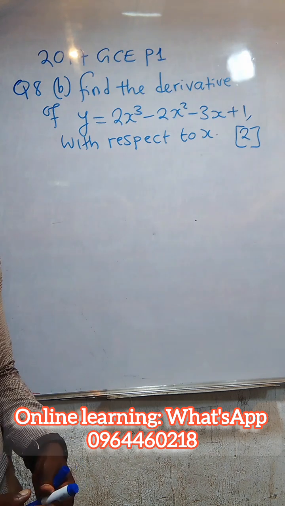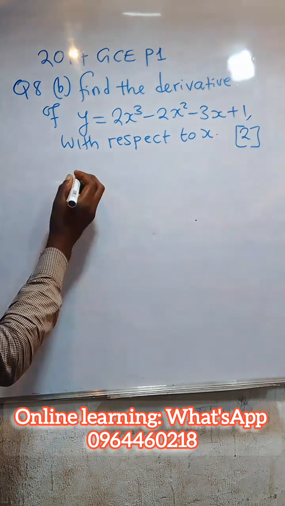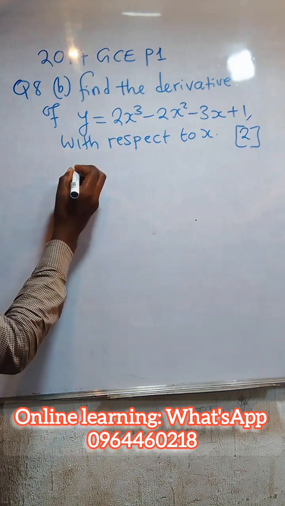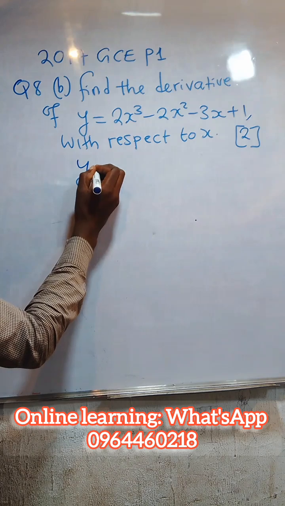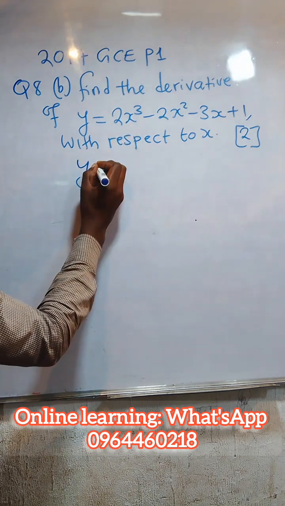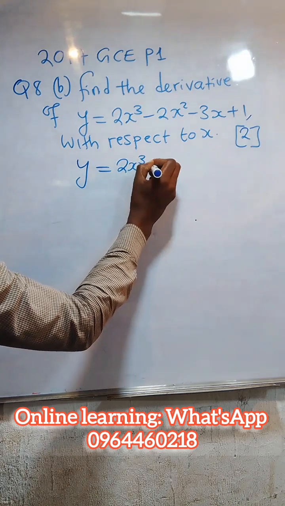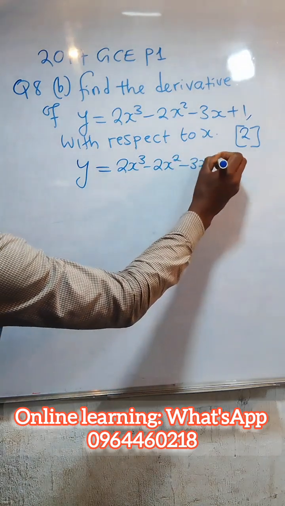Now, when you look at this one, we have y as the subject. Let us first copy that: y equals 2x to the power 3 minus 2x to the power 2 minus 3x plus 1.